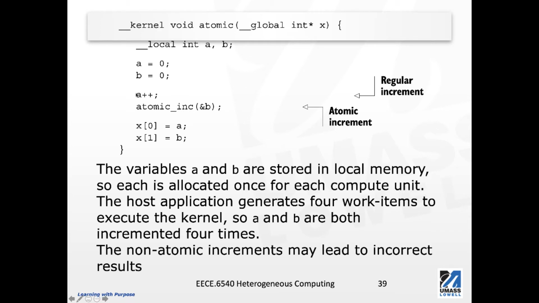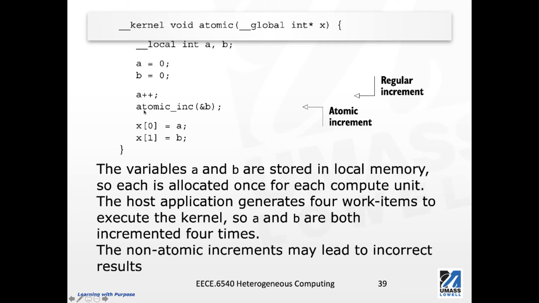So a work item may execute read, increment by 1, and then write the result back. Each work item may execute these three operations at different times. And because the sequence of this increment and update is unknown, the result in A will be nondeterministic.